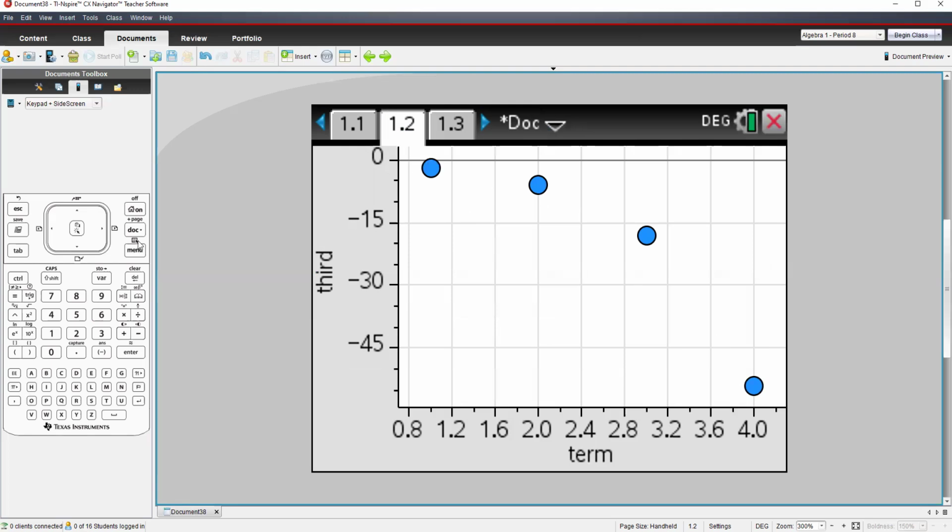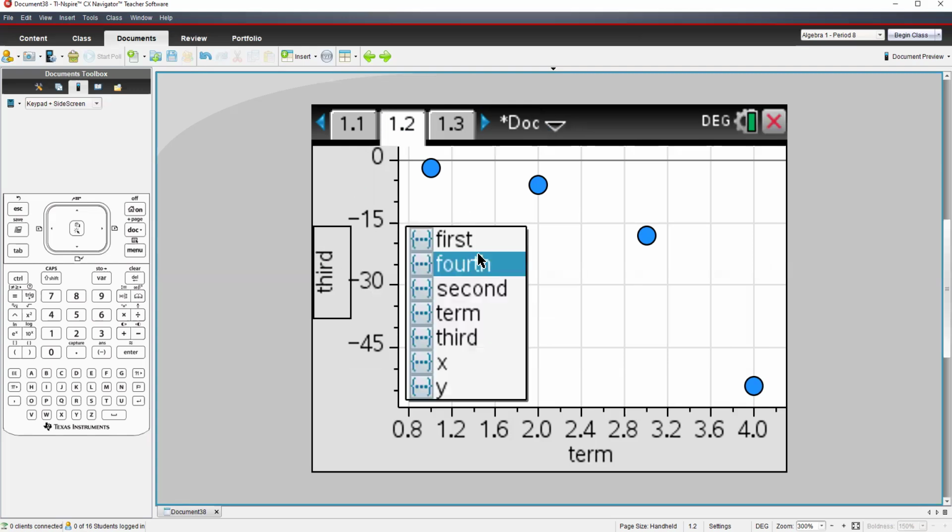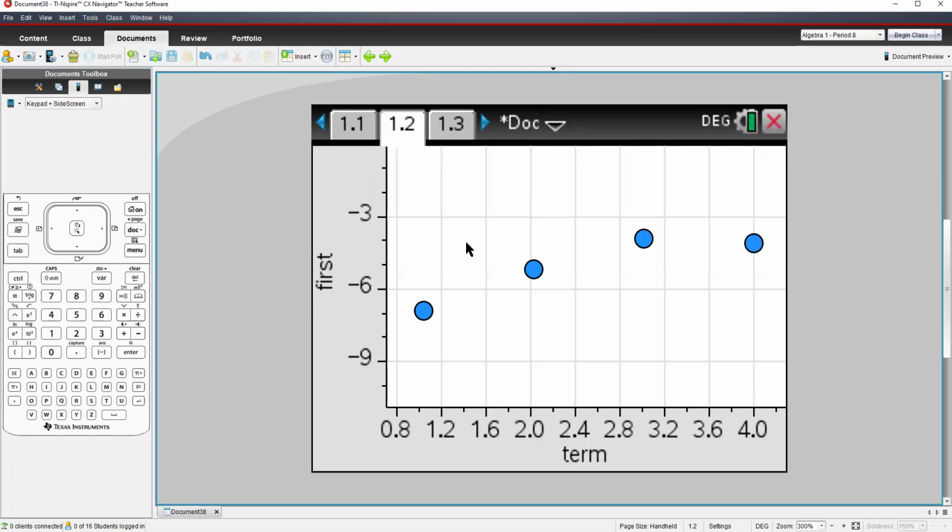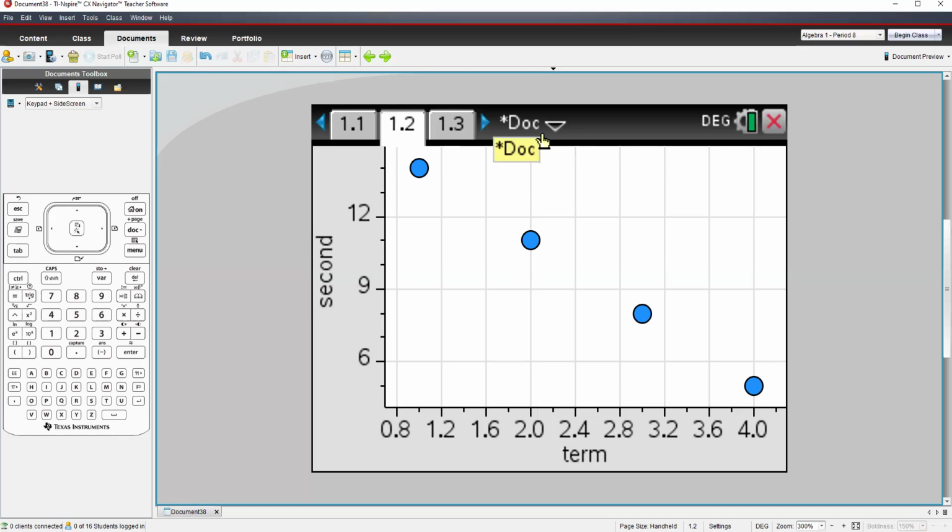But what I can say is the first one is not exponential, and the second one is not exponential. It's going to be either 3 or 4, and we've already seen that it's 4. So it's not as helpful as you'd like, but it does allow you to eliminate some choices. I'm going to go ahead and post this and keep it moving.